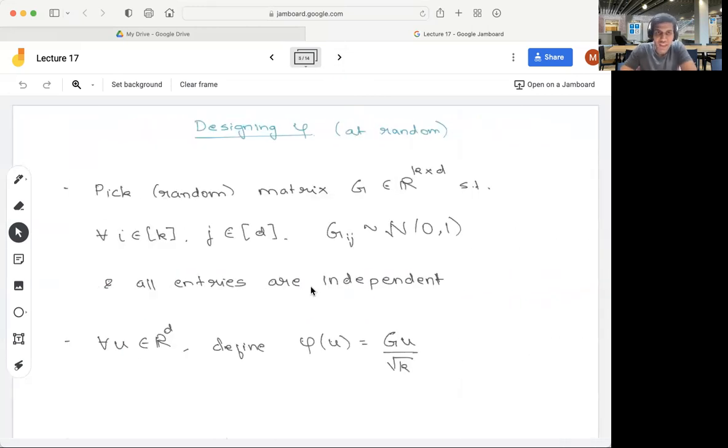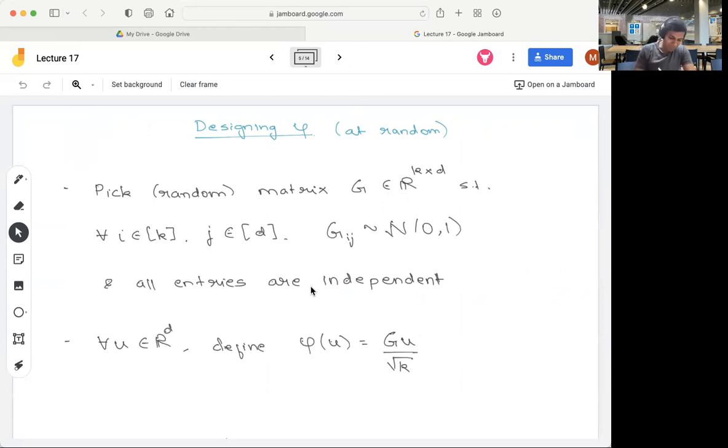Okay, so let me say what this linear transformation is going to be. We're just going to pick it at random. Like a lot of things in applications of probability, we pick some object at random and then show that this is a good object in the sense that it satisfies, with high probability, all the properties we want it to satisfy. So here, we're just going to pick this linear transformation, or equivalently a matrix, at random. And this matrix is basically a matrix where every entry is a standard Gaussian.